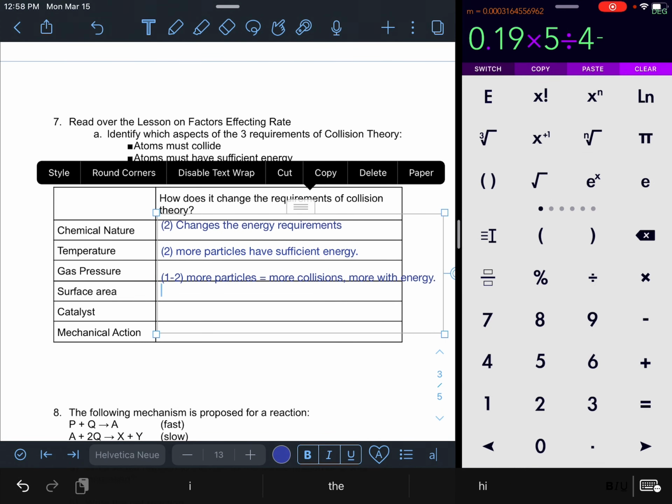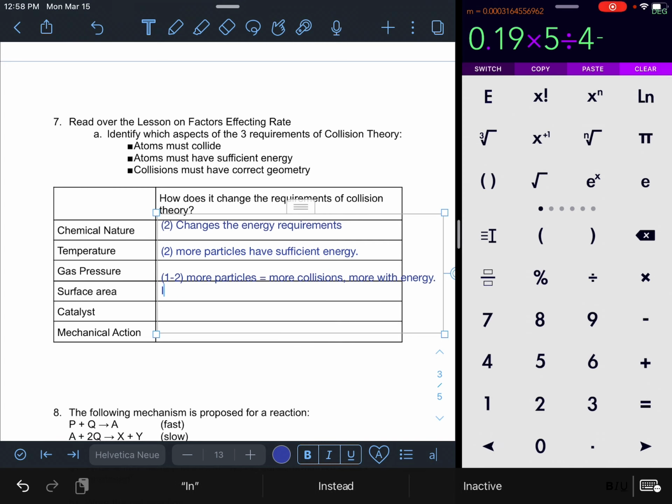Okay, surface area, this increases, so this is 1 and 3. More possible collisions with higher area. And then a catalyst is energy, so that's 2, reduces energy required. So more reactions happen.